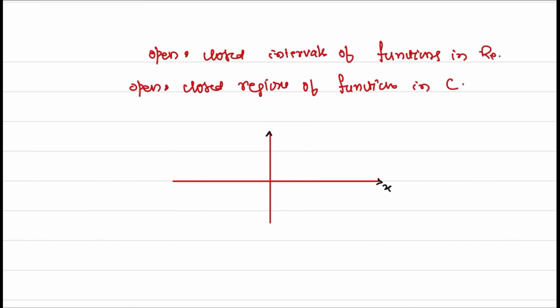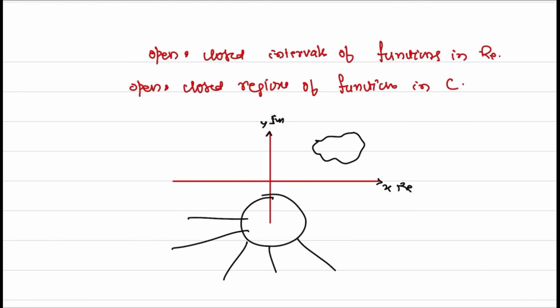this is X, this is Y, this is imaginary, this is real, this is imaginary, capital I. There can be a region like this, closed region. There can be a region like this. It's not closed, but it is open.